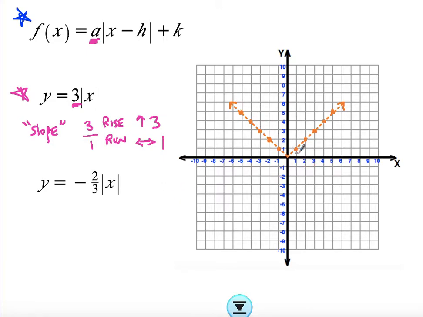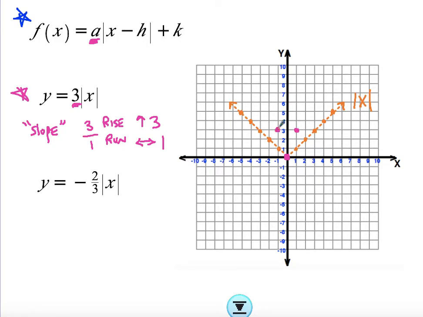So this orange was the parent function. This is just, let me write this out, a plain absolute value of x. Nothing else fancy about it. But if I change this now to a 3, I would start here at the same point at 0, 0, but now I'm going to go up 1, 2, 3 over 1 in both directions.